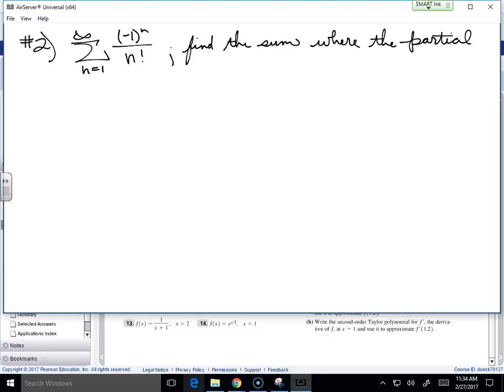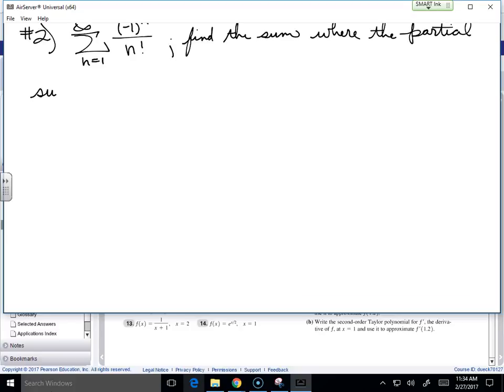What is that whole within thing that they're talking about? So a sub n plus 1 is less than or equal to 0.005.